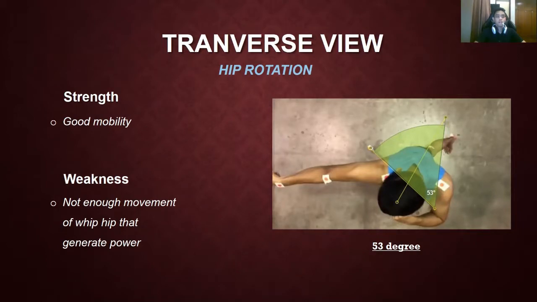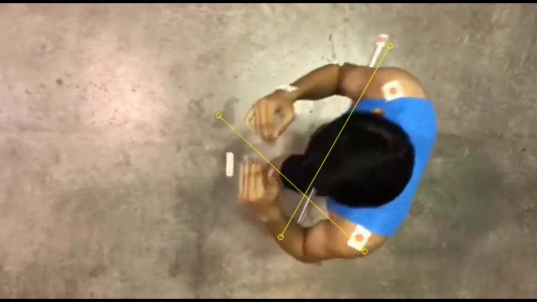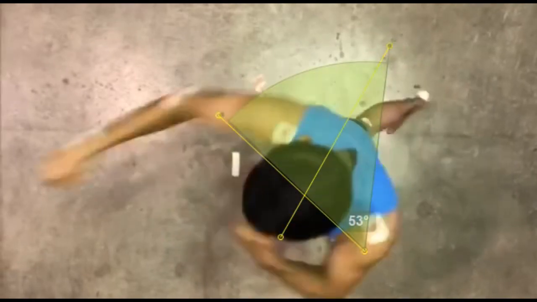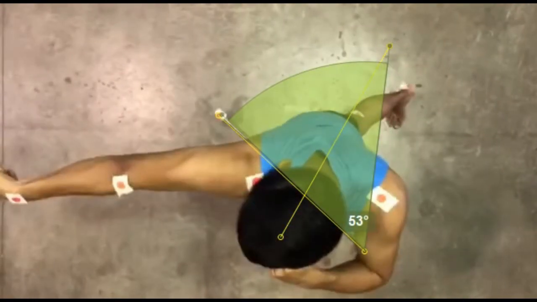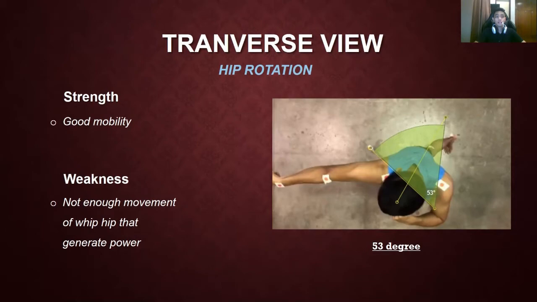So first of all, transverse view for hip rotation. As you can see in this figure, from the transverse view, Reza recorded a large degree of hip rotation, at 53 degrees from the starting position.